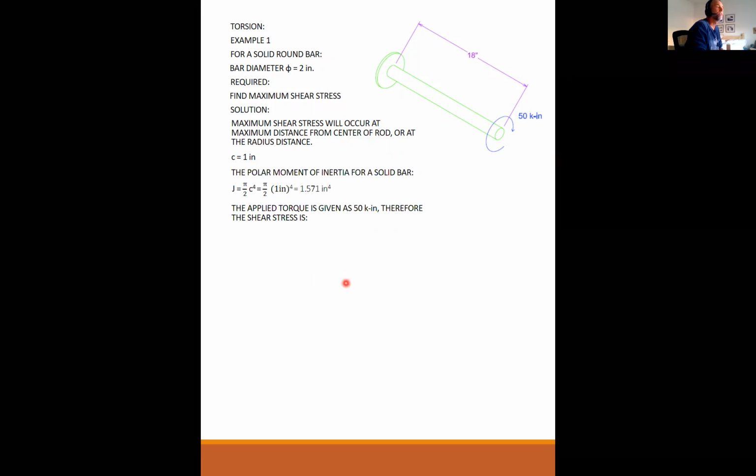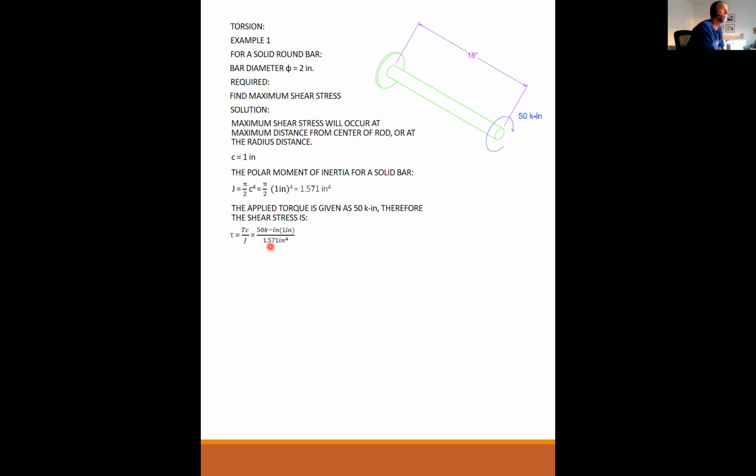The applied torque is given as 50 kip inch. Therefore, the shear stress is tau equals TC over J. So 50 kip inch times 1 inch over 1.571 inches to the fourth. Notice that I've got kip inch squared over inch to the fourth, so my answer is going to be kips per square inch, KSI.